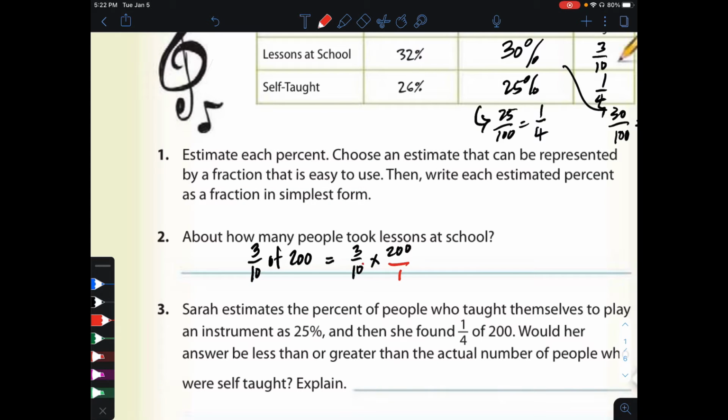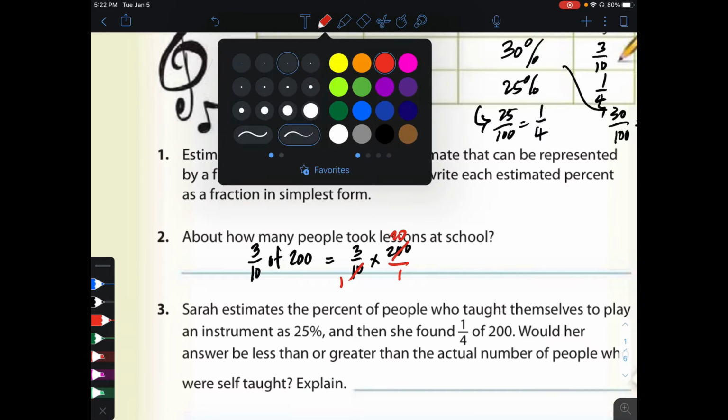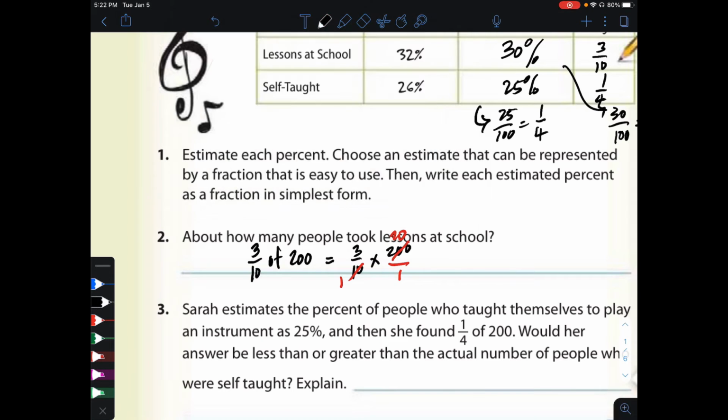And if we cross cancel, 200 divided by 10 is 20. So we now have 3 times 20 is equal to 60. So about 60 people took lessons at school.